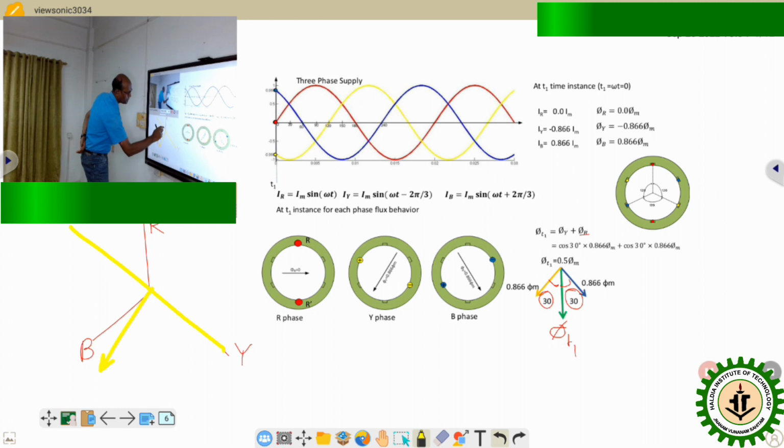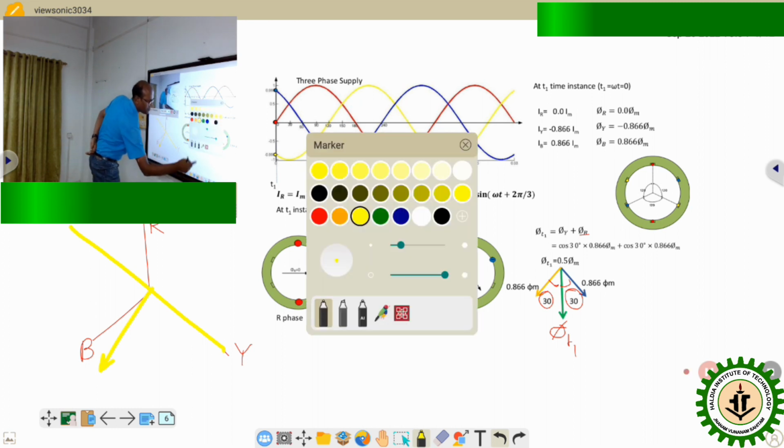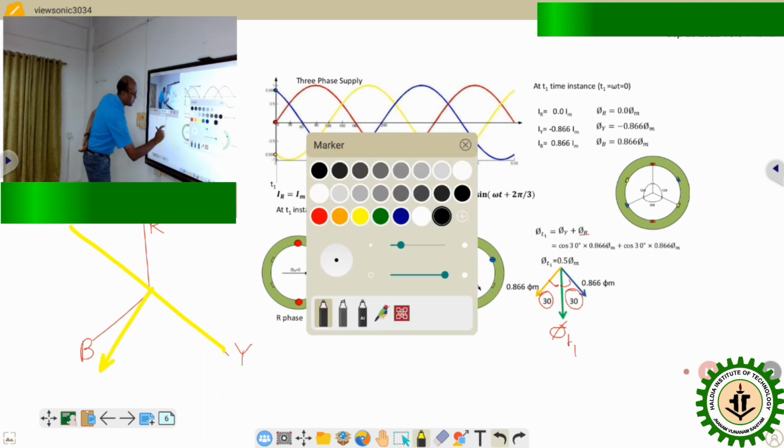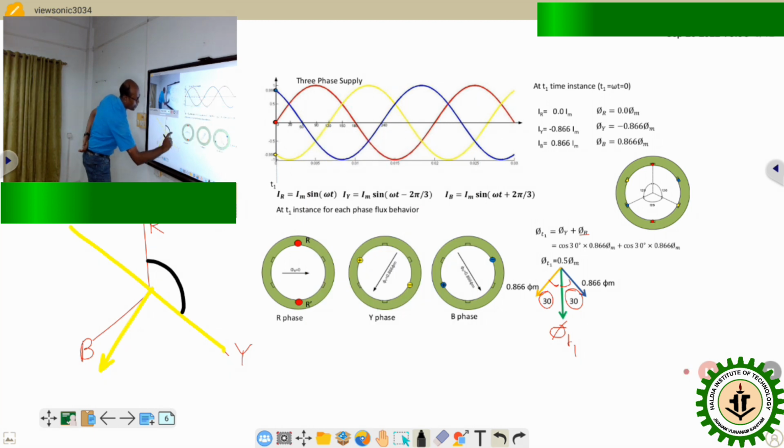Now if this angle is 120 degree, it generates a flux that is again 90 degree with respect to this, so this is 90 degree.